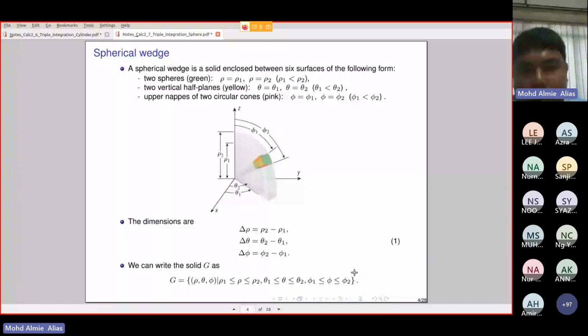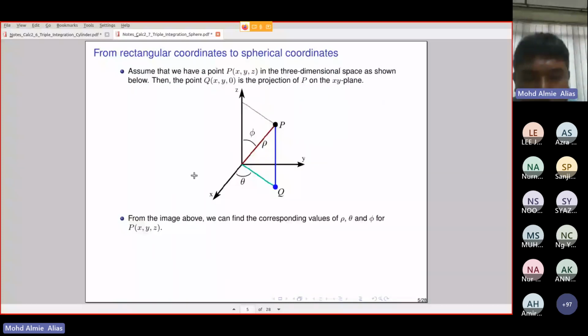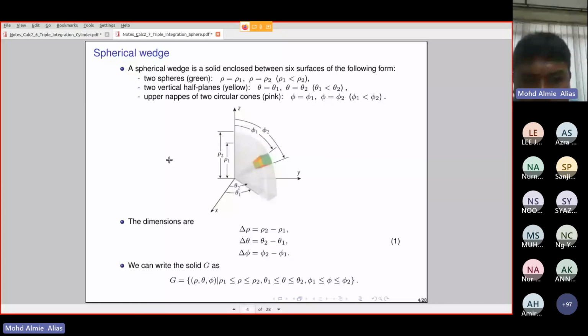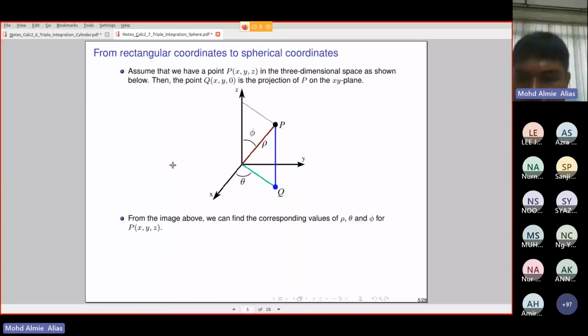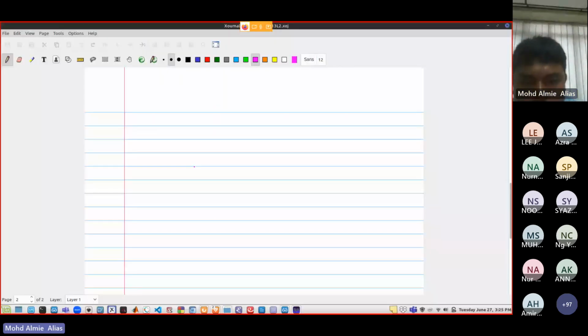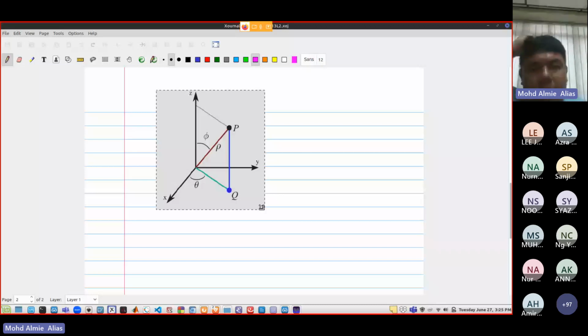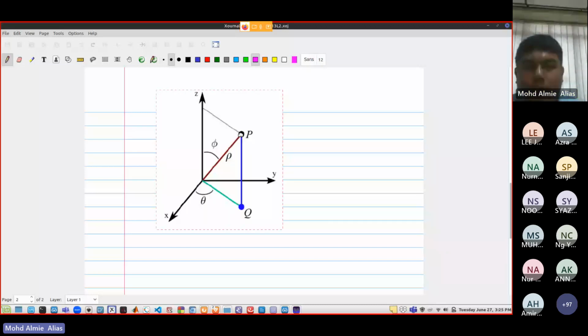Okay, which is here. I mean, you can see it. Let me just keep this slide for a while, because I need to write something on this. Let's say you are given a certain point P, and you know that it has coordinates in Cartesian form.